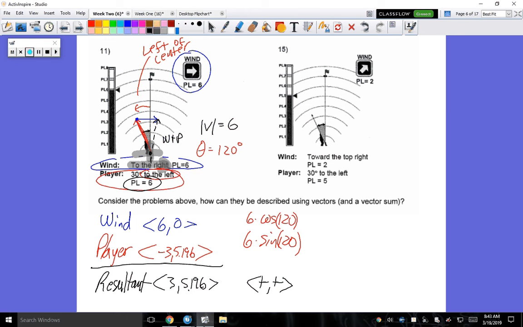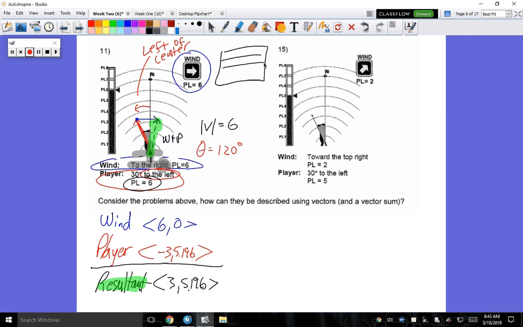Okay? So let me highlight this in green so that you know where the ball is actually going. And this is the resultant vector of the ball. Okay? So let's describe just a little bit more as far as what we're doing, because we know the resultant vector. With the resultant vector, I know this is not the chart, but if it was, we just found this piece here with the resultant vector.